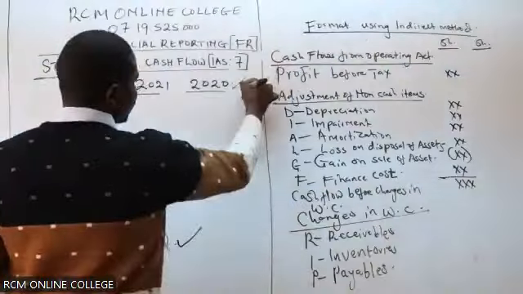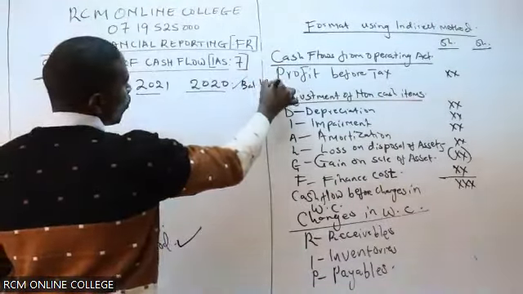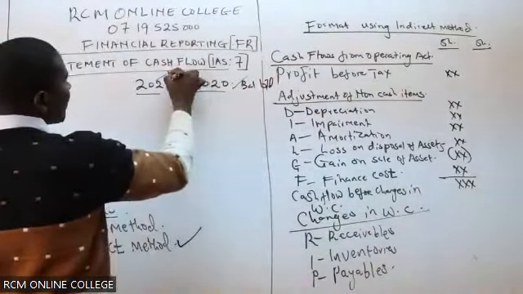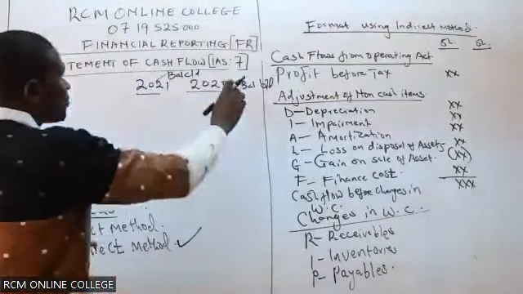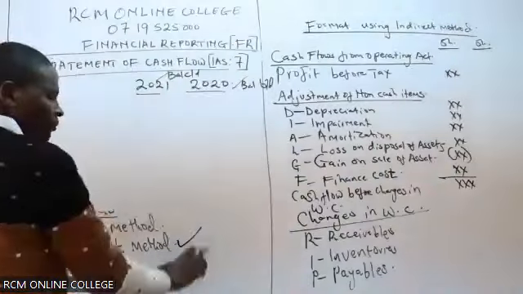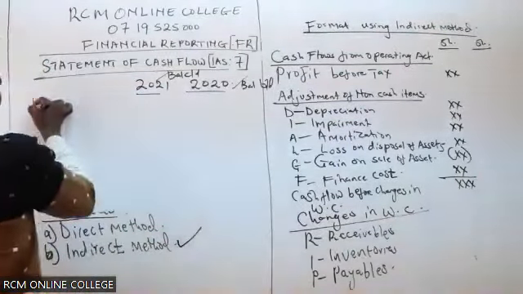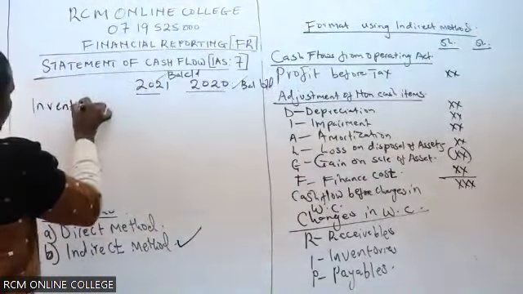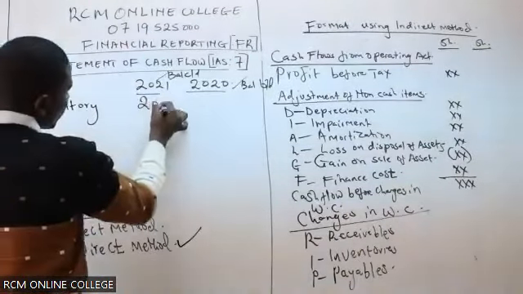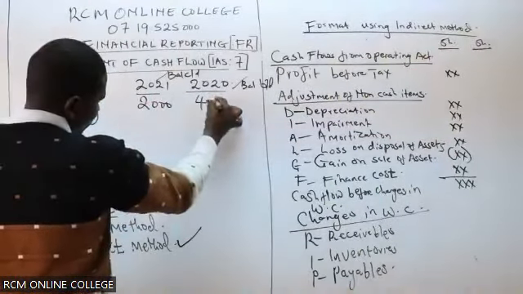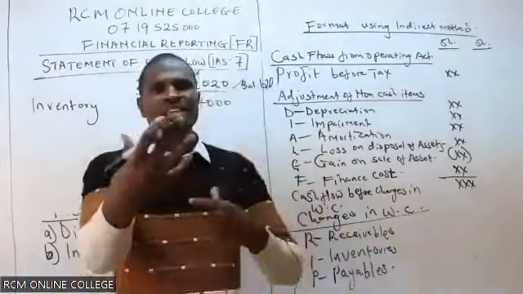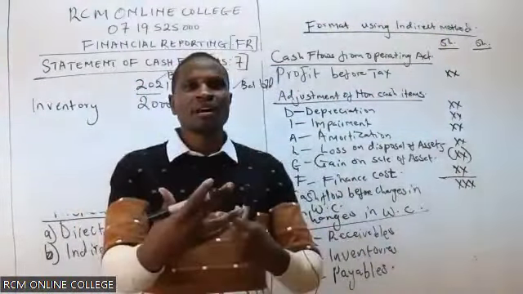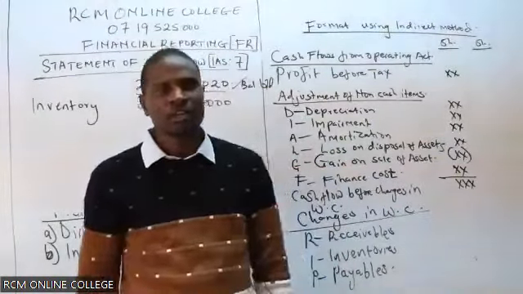This stands for the balances that were brought down, and this is for balances that are carried down. Note that. If I have inventory here, 2,000 and here 4,000, I want a good student to tell me what happened to inventory. Did these people purchase or did they sell the inventory?